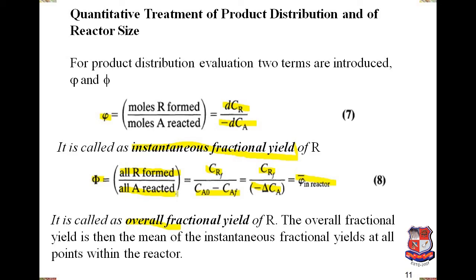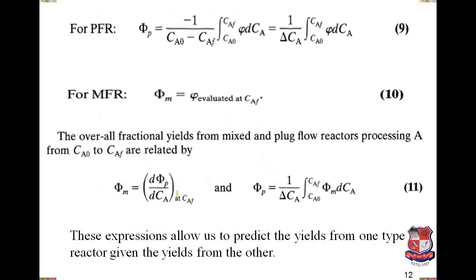Now we have to use this terminology and apply it to the different reactors to see how it can be calculated. In a PFR, there is a continuous rate of change of reaction taking place, and that's why your yield is changing. So you need to integrate this instantaneous yield, find point values of each yield, and integrate over the whole range of concentration, and that's why it is the integration of psi dCA, over the overall change in concentration, delta Ca.